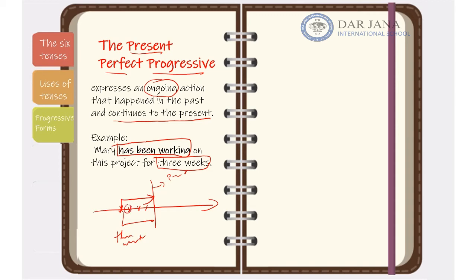So again, the subtle difference between them is that the progressive focuses on the continuity of the action throughout the 3 weeks. Okay? Again, we form it by using has or have plus been, which is the past participle of be, plus the ing of the verb to show the continuity. Okay?